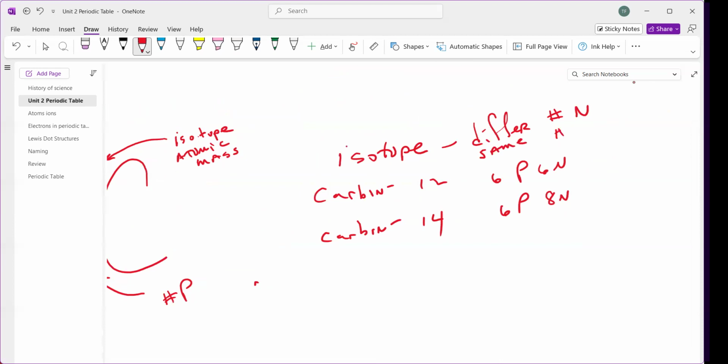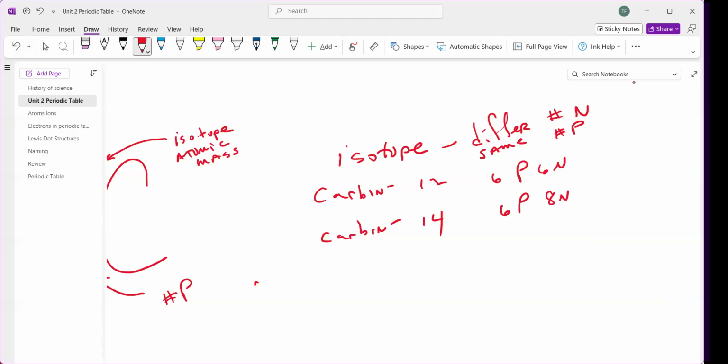So the protons are the same, neutrons are different. That means the chemistry of carbon-12 and carbon-14 is identical unless it involves the mass of the element. Then they're not the same.